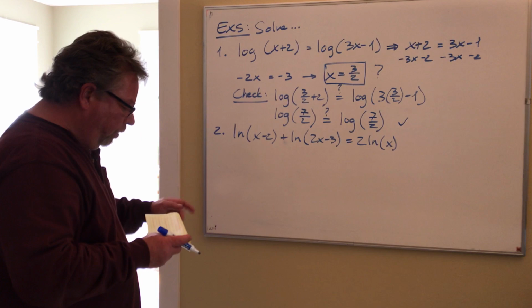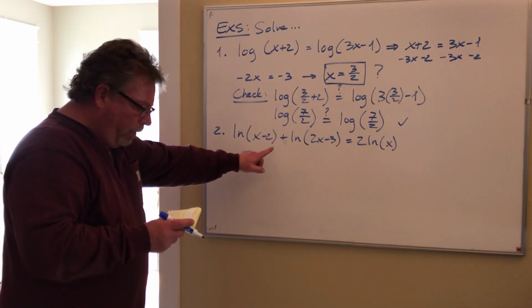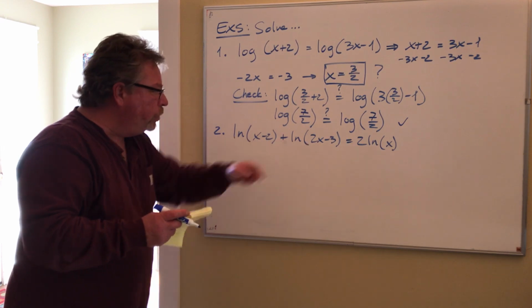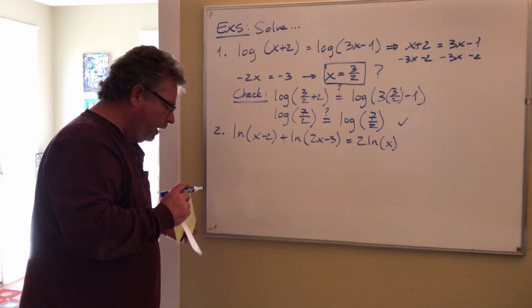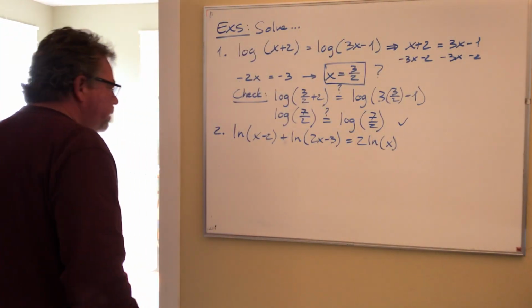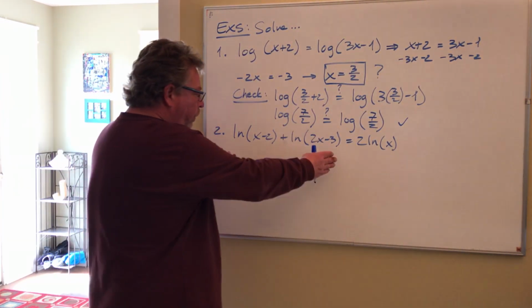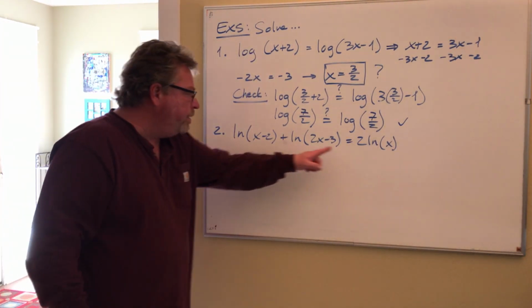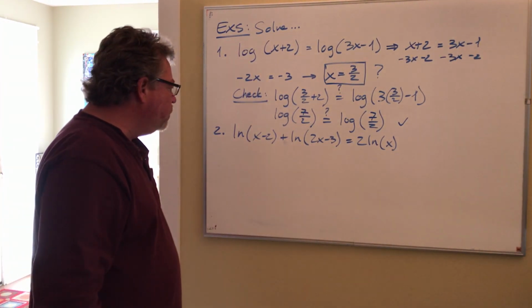So we have the natural log of x minus 2 plus the natural log of 2x minus 3 is equal to 2 times the natural log of x. And what this looks like to me is I've got logarithm on one side equals logarithm on the other side.